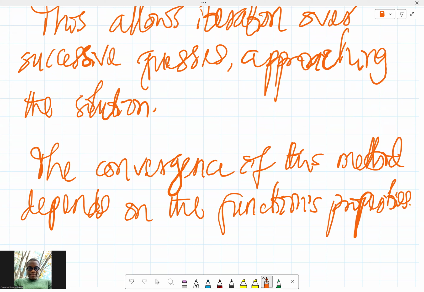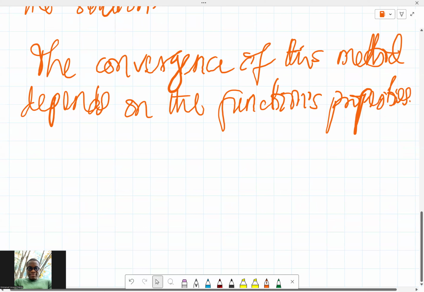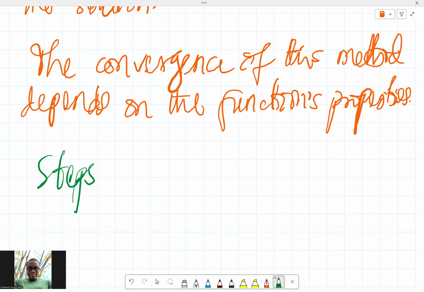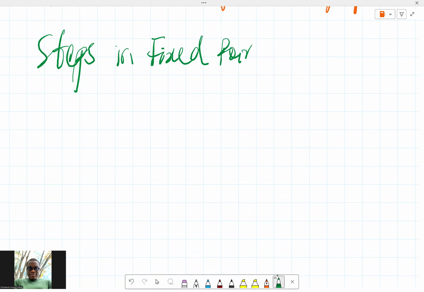The properties of those functions will determine if you are going to have convergence or not. So let's look at the steps we need to follow to implement fixed point iteration.